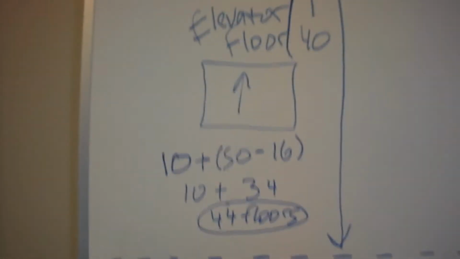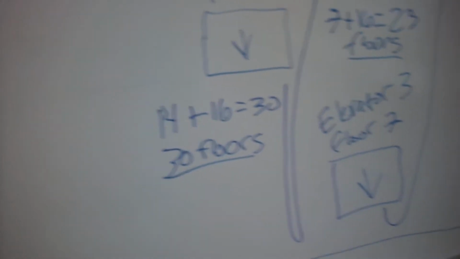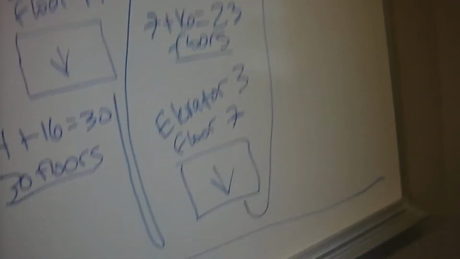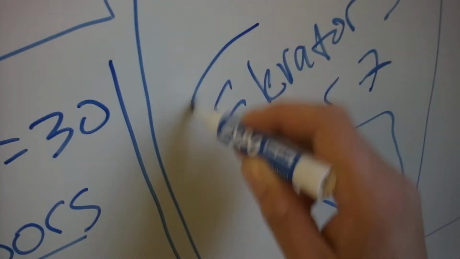Now, which elevator here has the least amount of floors required to travel to the customer? The correct answer, elevator 3 with 23 floors. So this elevator here, elevator 3, will reach the customer the soonest.